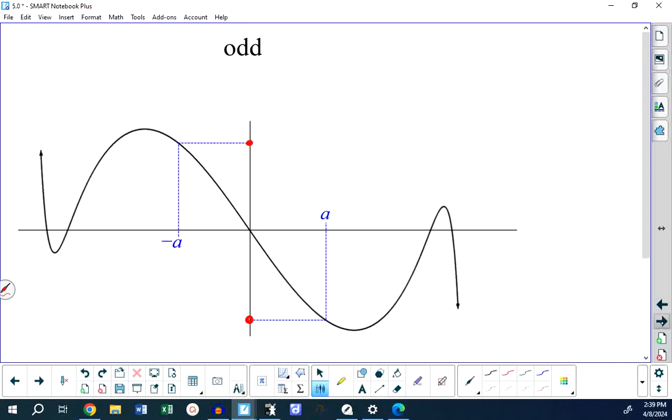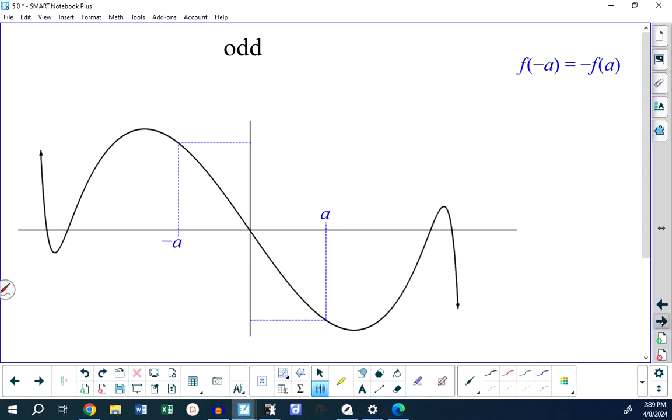Whatever number this is, that number is f of negative a. And I want you to notice that these two numbers are equal but opposite. So if this was 10, this is negative 10. What is f of negative a equal to? The negative of f of positive a. So that's what this statement is saying.